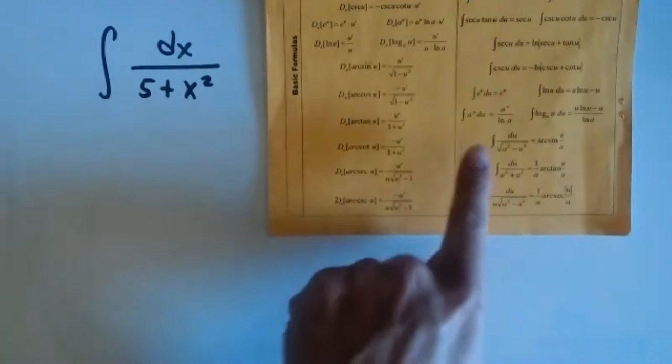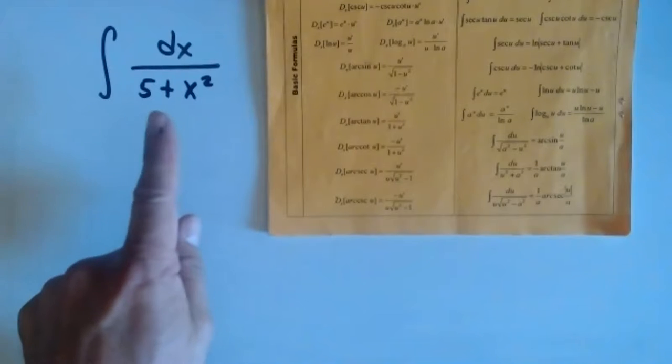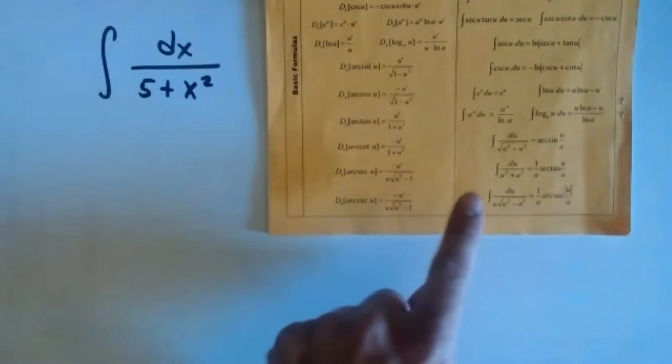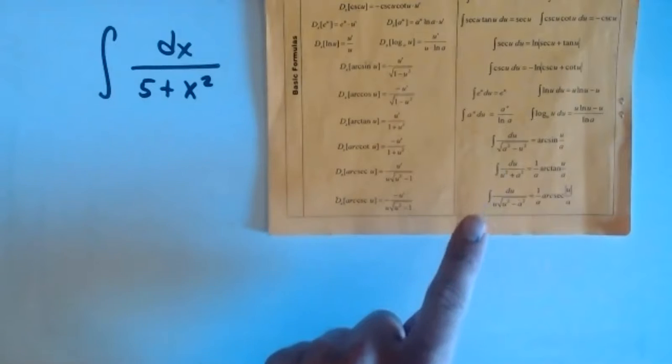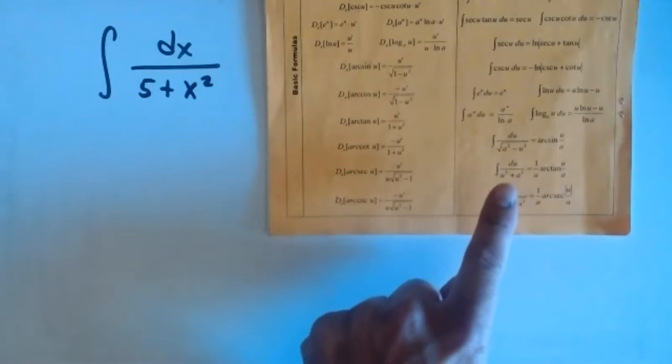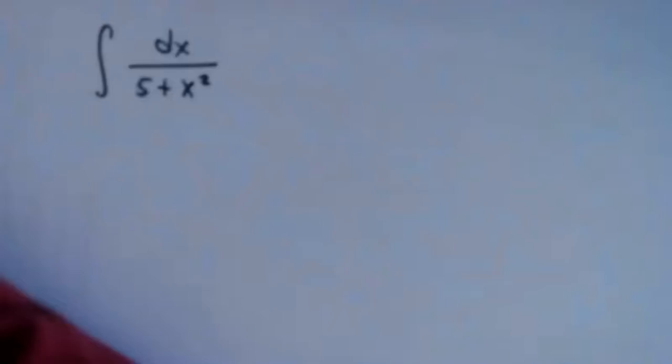So you have the reciprocal of something plus x squared. I look, okay, I have a root. No, this doesn't work. I have a root here. No, this is the one that looks fine, correct? So I'm going to write the formula.